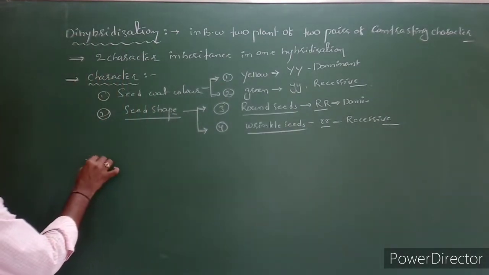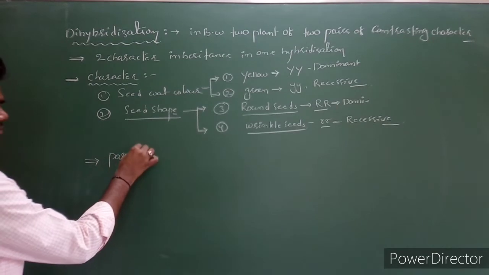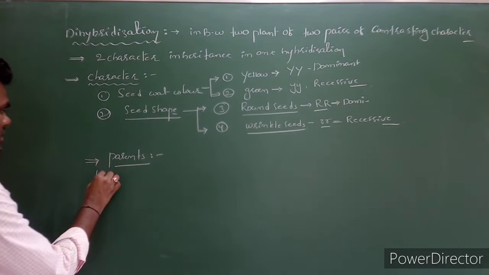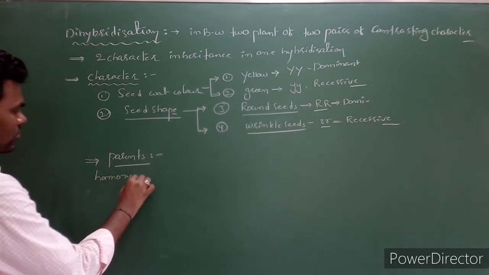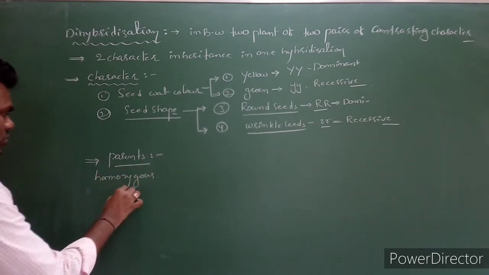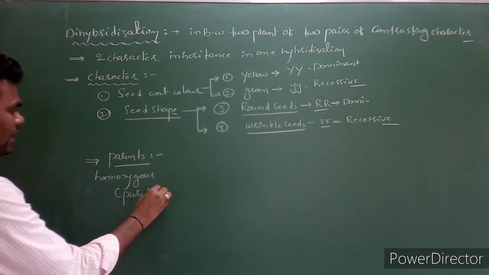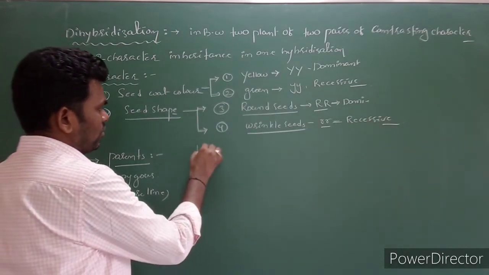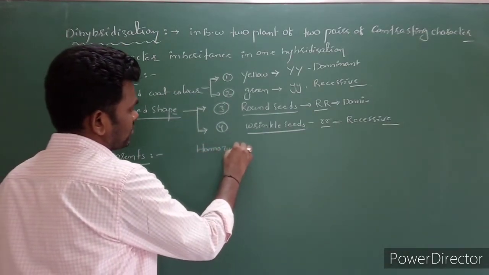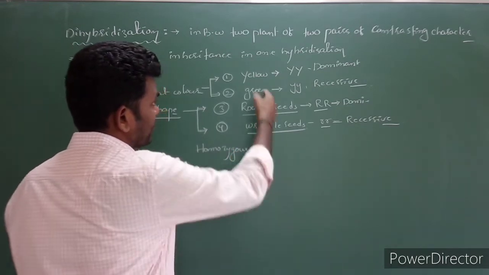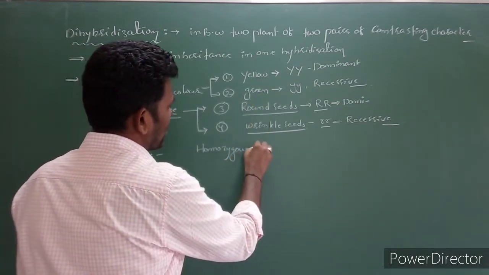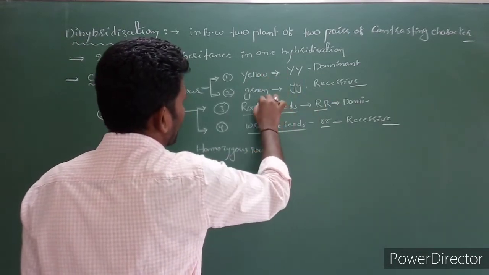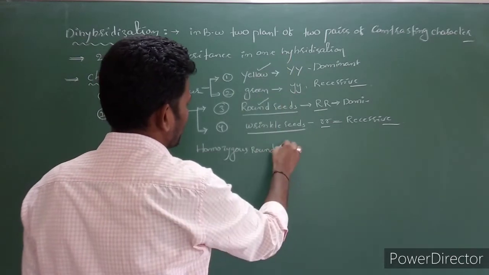Now, just take the parents. Parents are always in homozygous condition. That is called pure line plants, which you have to choose. So first, homozygous round yellow character.